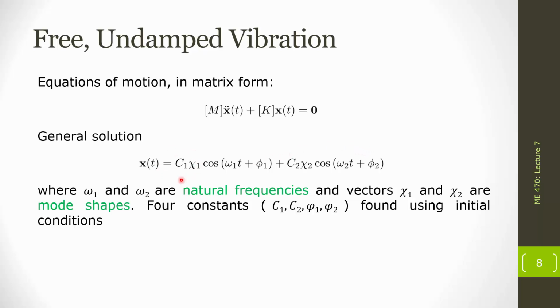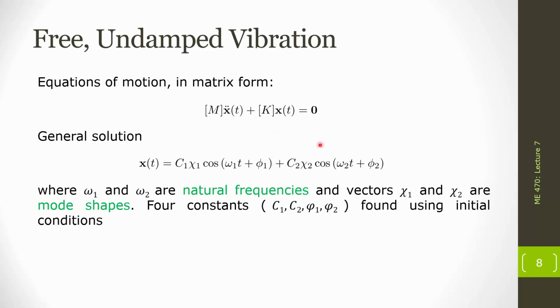Now, going to this coefficient in front of the cosines, we have a C1 times a chi1 and a C2 times a chi2. The chi1 and chi2 are the mode shapes of our system, and these are going to come from the M and the K matrices, as we're going to see the Omega1, Omega2 also come from the M and the K. So the mode shapes and the natural frequencies come from the system parameters, the mass matrix, and the stiffness matrix.